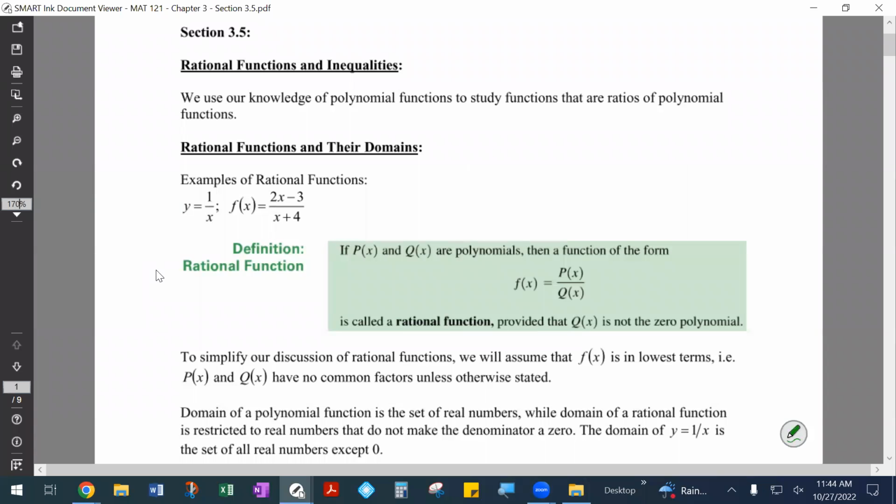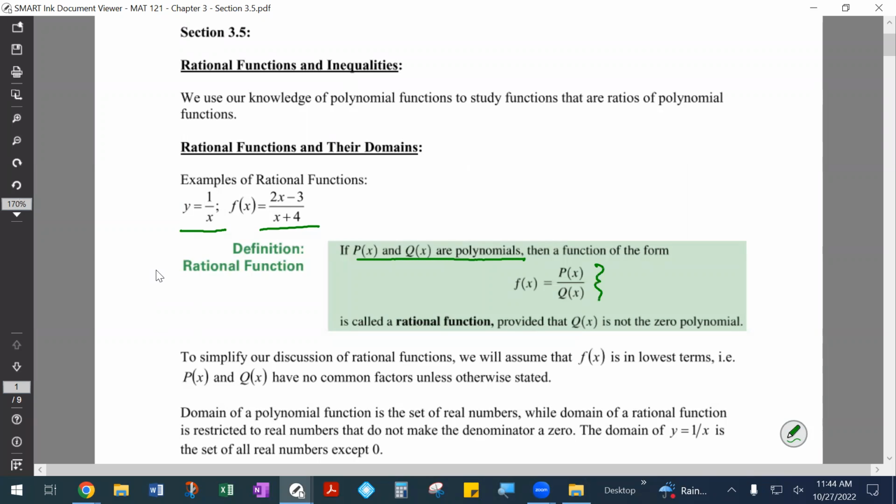Your examples can obviously be as simple as y equals 1 divided by x, or something like f of x equals 2x minus 3 over x minus 4, and of course it can get more complex from there. When we're talking about a polynomial function versus a rational function, we're saying both p and q are polynomial functions.